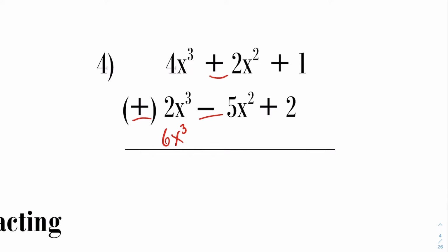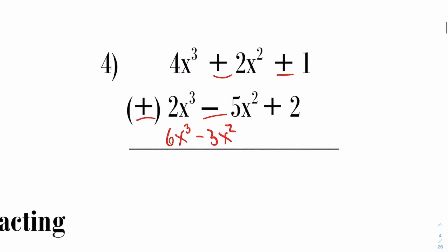Whenever we have a positive number and we're adding a negative number, it's going to subtract. So we have minus 3x squared. We have a plus 1 plus 2. So that's going to add like normal to make 6x cubed minus 3x squared plus 3 as our final answer.